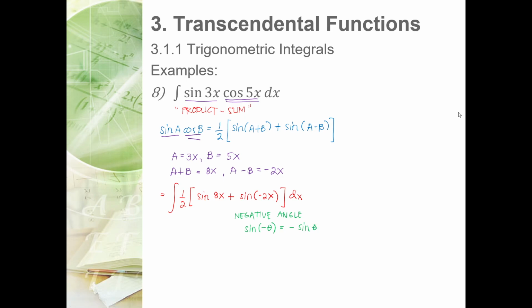So it means that we can simplify this one so that we won't be dealing with negative angles. So taking 1/2 outside the equation, that will be 1/2 the integral of sine 8x. Again, taking the negative outside, that's sine 2x dx.